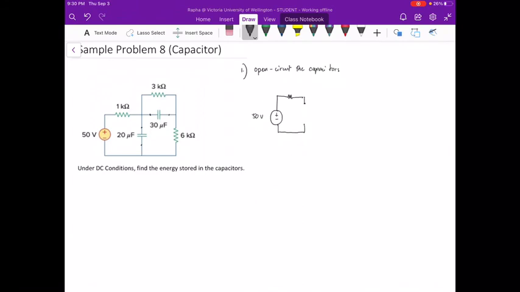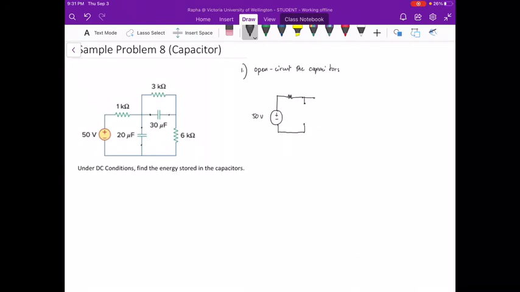The 20 microfarad capacitor. By the way, usually capacitors, especially in our circuit analysis, are in very minute values, such as microfarads. So don't be surprised if all our capacitors are in microfarads.